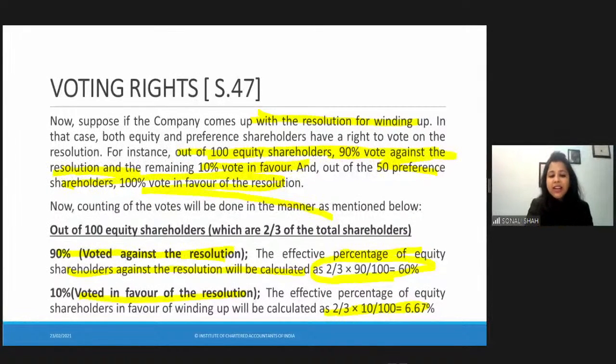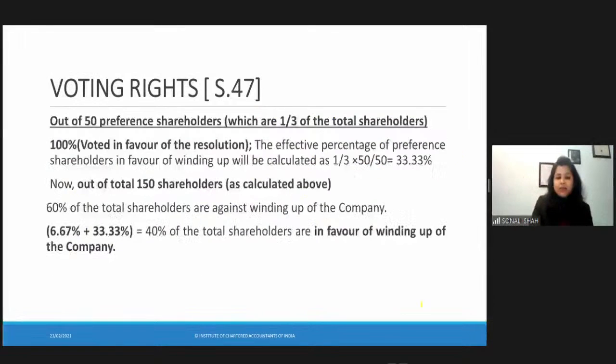So the effective percentage of equity shareholders against the resolution will not be 90%, it will be 2/3 of 90%, which is 60%. Similarly, 10% voted in favor, so the voting weightage will be 2/3 of 10%, which is 6.67%.